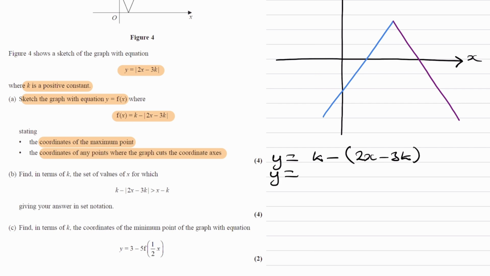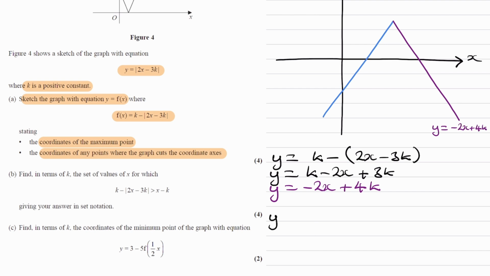This expands out to make k minus 2x plus 3k, and we can see from this that we have a negative gradient, therefore this must be the purple line over here. I'll just simplify that. That'll be y is equal to minus 2x plus 4k. So we have the equation of the purple line.